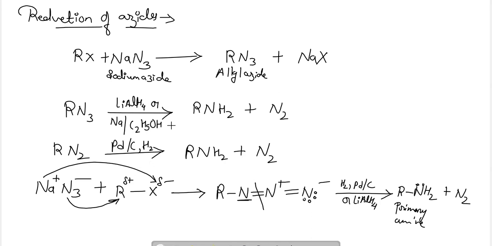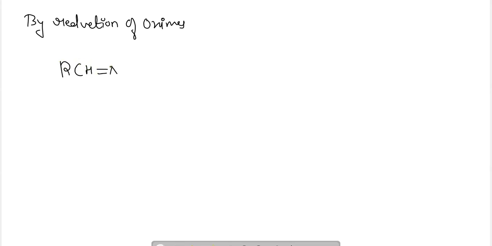Okay, next, preparation of amines by reduction of oximes also can be taken into consideration. Okay, so first we have to see what oximes are. Oximes are compounds where nitrogen is attached to the hydroxyl group.